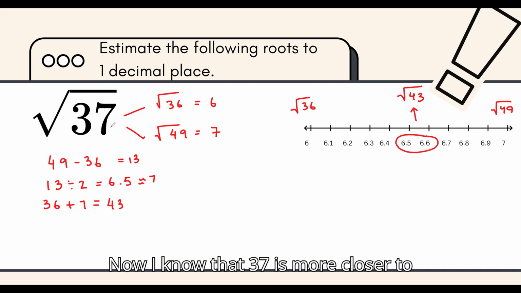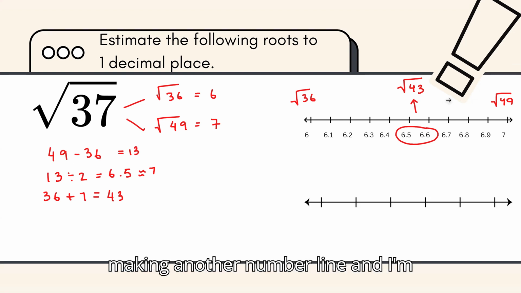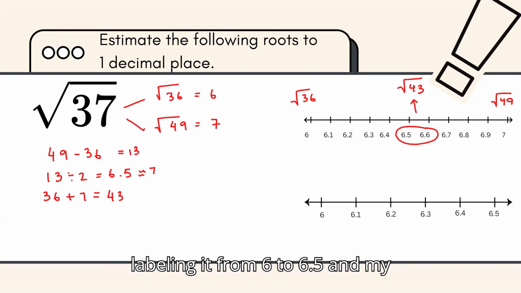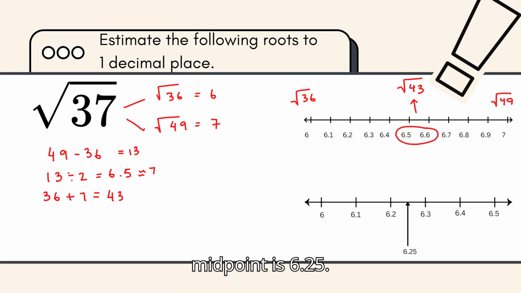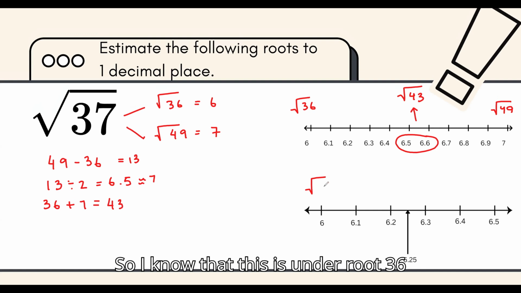Now I know that 37 is closer to 36 rather than 49. So now I'm going to focus on the values from 6 to 6.5. To do that, I'm making another number line and I'm labeling it from 6 to 6.5. And my midpoint is 6.25. So I know that this is under root 36 and this is under root 43.